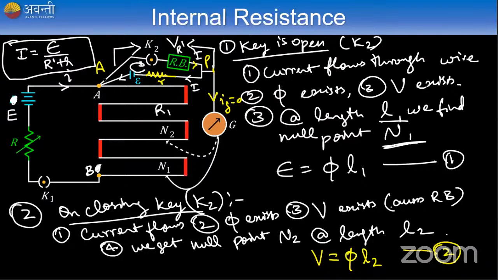What I'm repeating again: at this point, when I close this plug key 2 and slide the jockey, I found a null point N2. At this null point N2, there is no current flowing through the galvanometer.